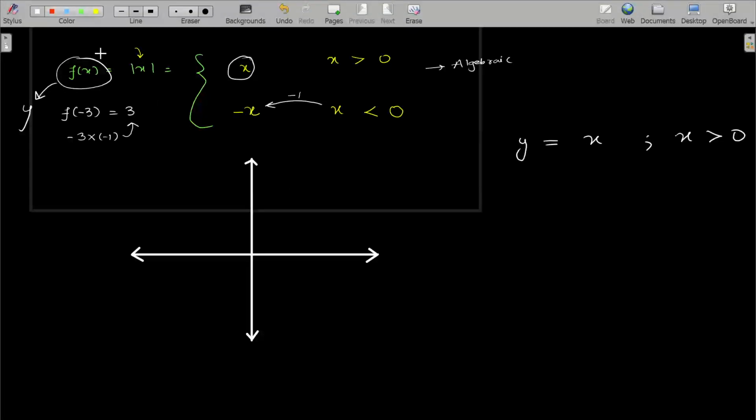So for all the positive x's which are on the right hand side of the origin, the graph of the absolute value function is going to be y is equal to x. And the graph of y is equal to x is this.